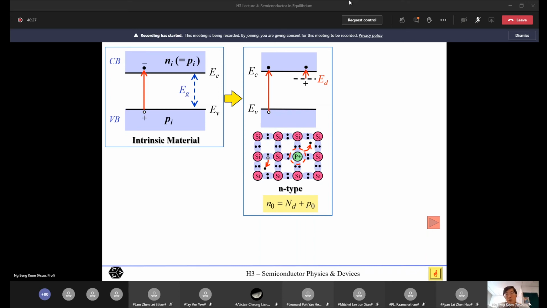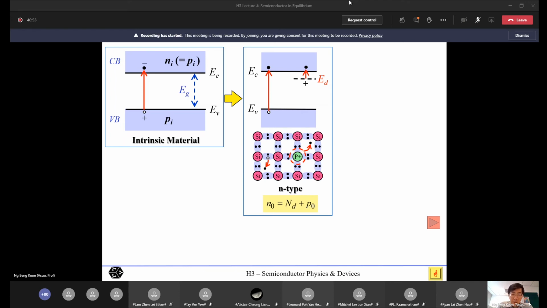There are two types of impurity atoms you can put into the semiconductor to introduce either electrons or holes. In the case where we want electrons to be the larger number of carriers, we put group 5 elements into the semiconductor material.